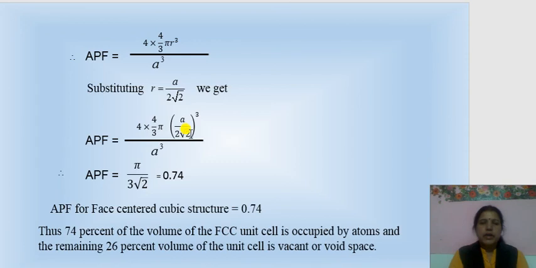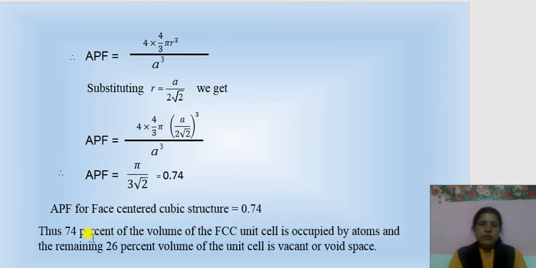Hence, 74% of the volume of FCC unit cell is occupied by atoms, and the remaining 26% volume of the unit cell is vacant, or it is called void space.